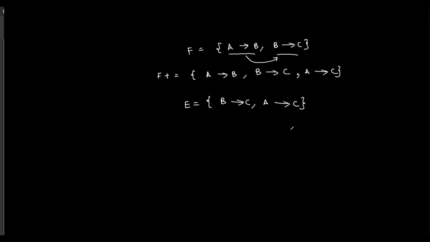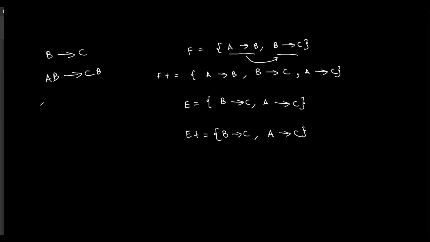Well, the thing is, E plus will also be equal to B functionally determines C and A functionally determines C. Why is that? Well, you can't derive anything from this. There is no reflexivity, obviously. Are we going to use any augmentation? Well, if you use augmentation, let's say you are augmenting B here.